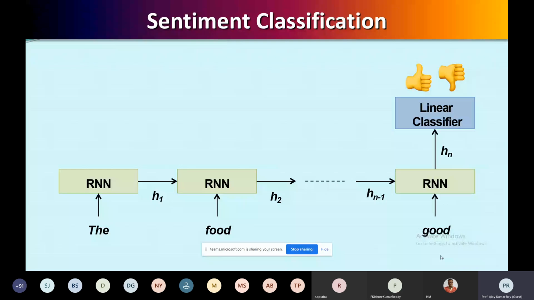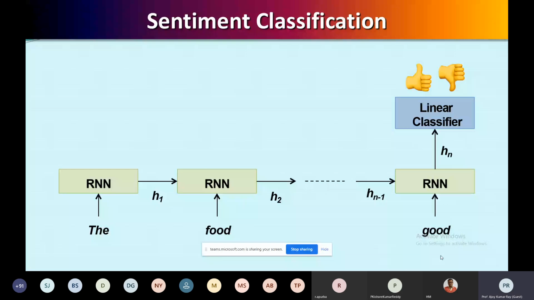So RNN, suppose the food is extremely good. After I say everything, then only, this is a sentiment classification, then only the final classification will say my sentiment is good. If I write the food is extremely bad, then the final classification will be thumbs down, it is bad.